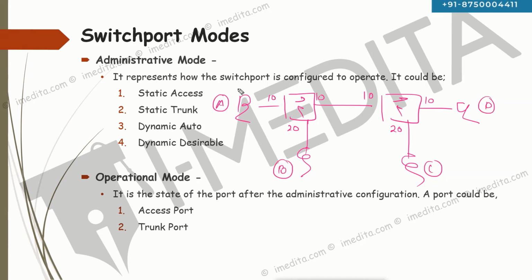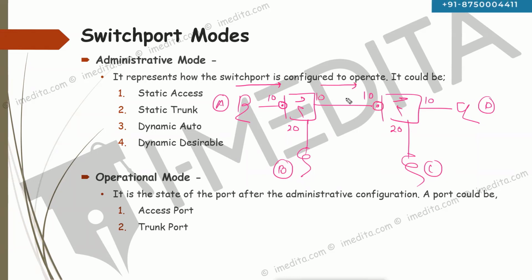So traffic will be generated by device A, sent to the switch, and received onto the port that belongs to VLAN 10. Traffic will be sent out of all the ports in VLAN 10. So this port is there in VLAN 10. Traffic is going to exit out of that port and be received onto this port.